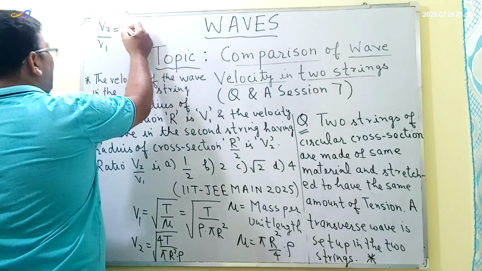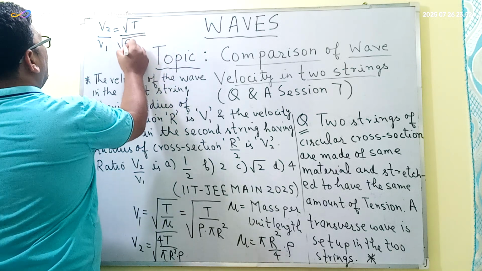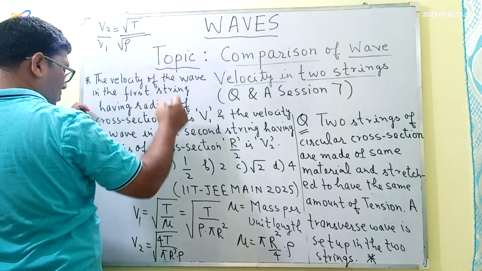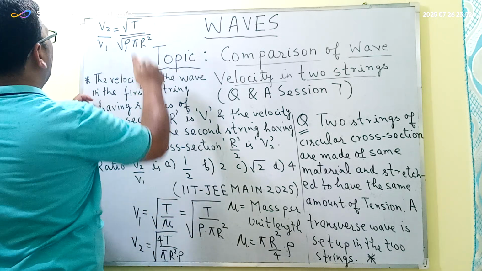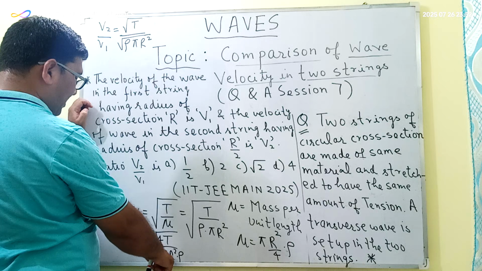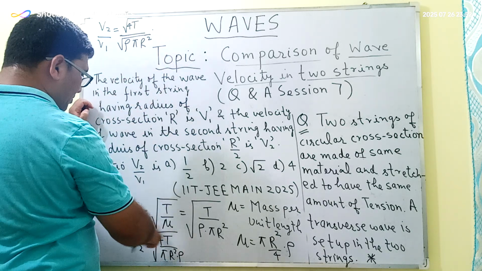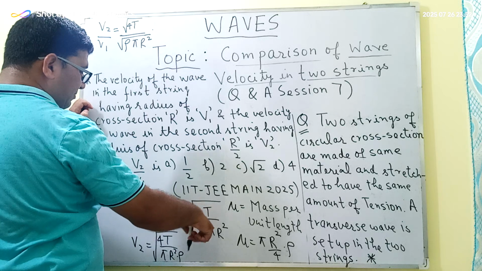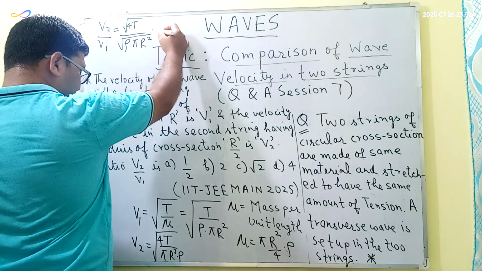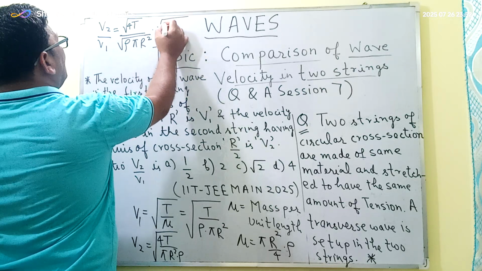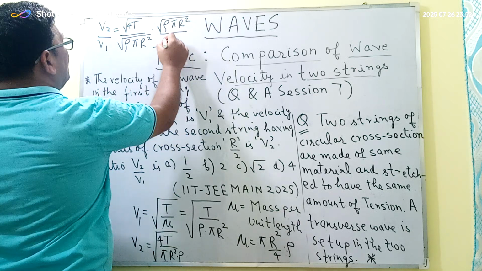So this will be under root rho pi r square divided by root T.